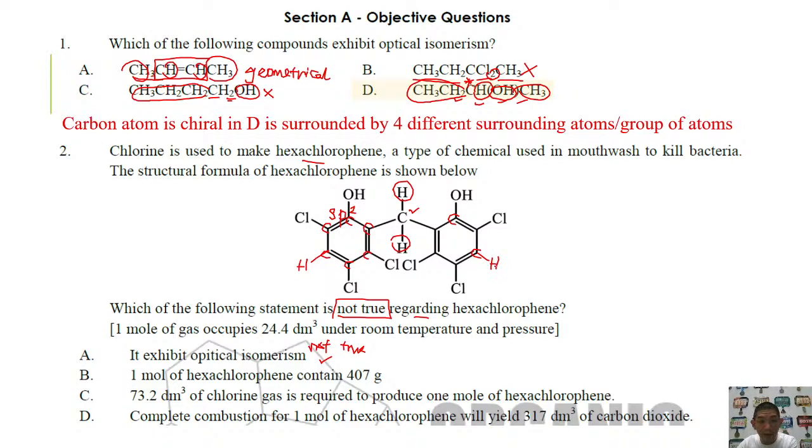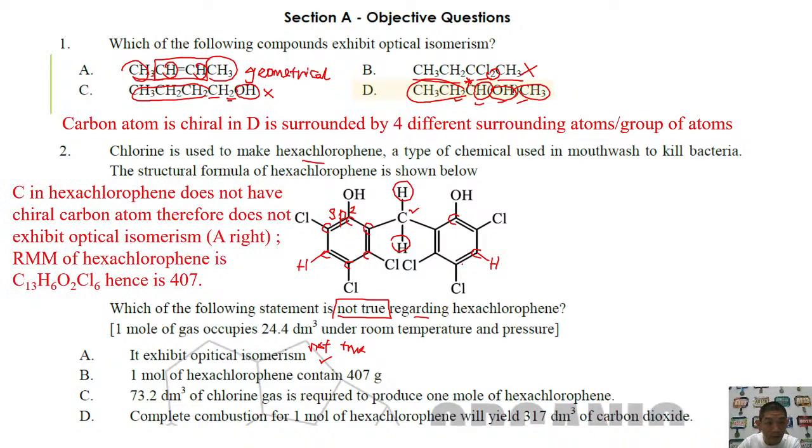As a result, the formula is C13H6O2Cl6. So the relative molecular mass is 407, which is true. When it is true, B is not our answer.